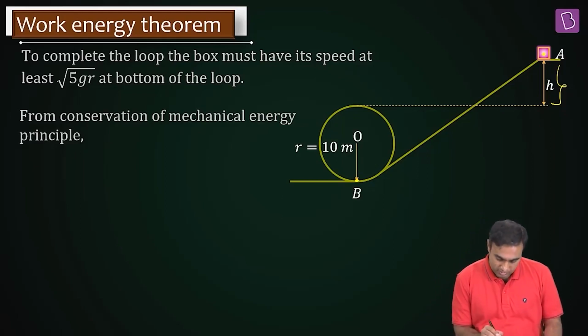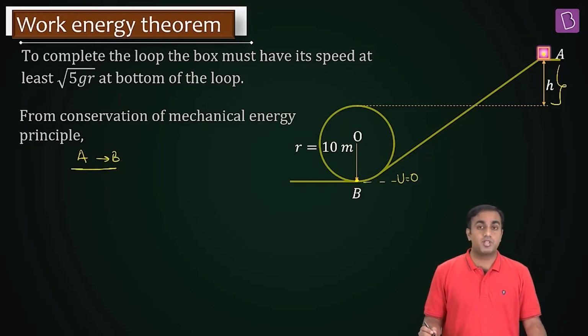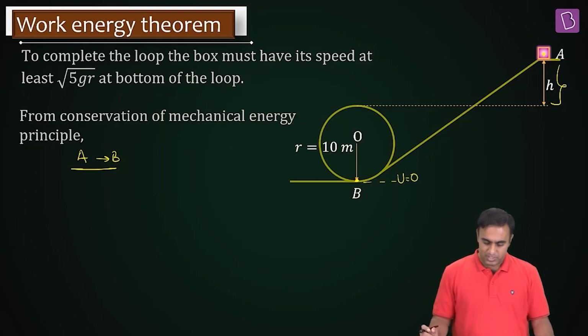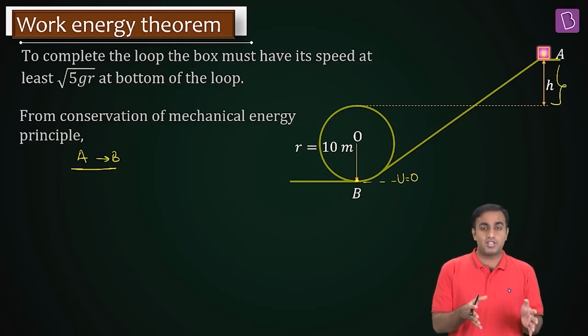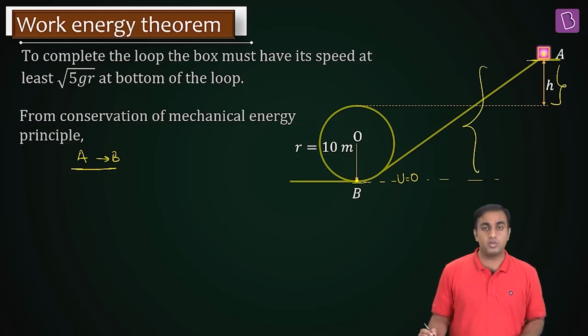Considering datum to be here, where we define the gravitational potential energy to be 0, this is the only potential energy needed in this case. So the sum total of potential energy and kinetic energy must remain the same. Look at point A. Its height with respect to point B is h plus 2r.